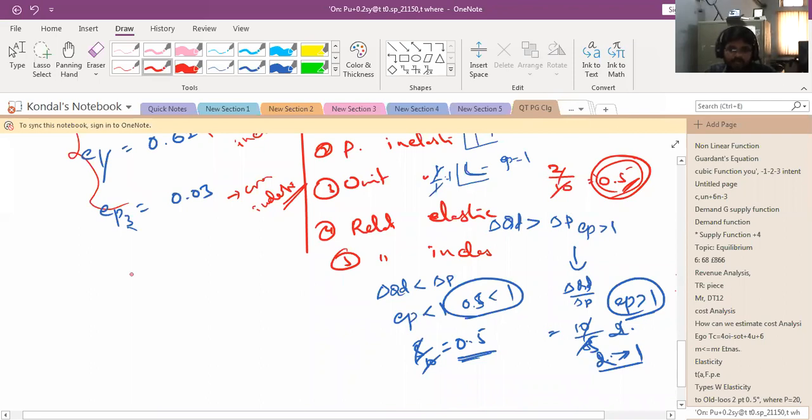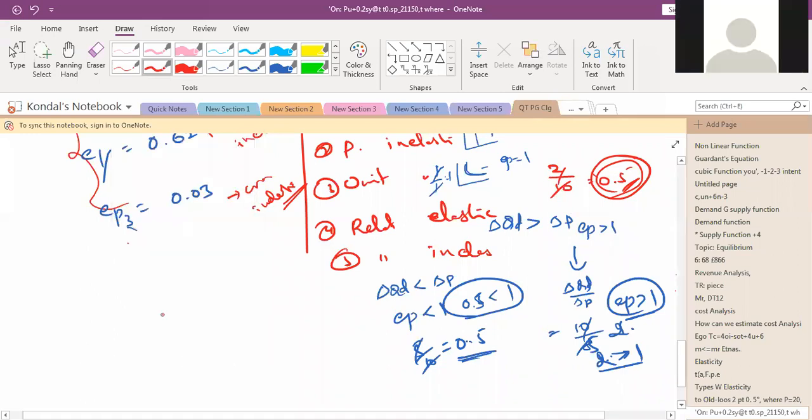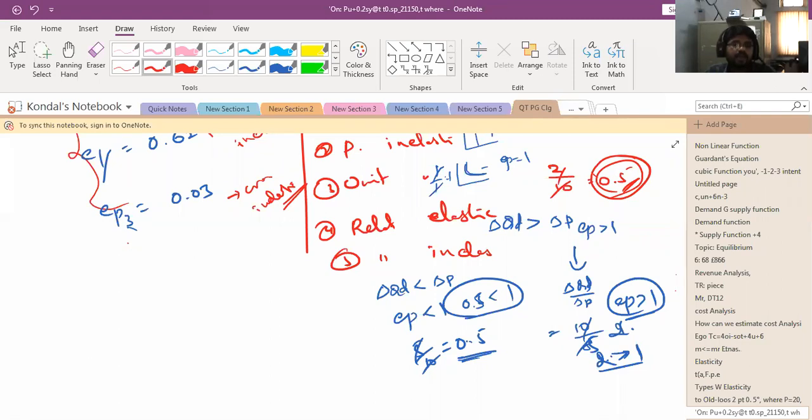It means that with respect to price, income and cross elasticities, the percentage change in quantity demanded is less than the percentage change in price, income and the prices of substitute and complementary goods.